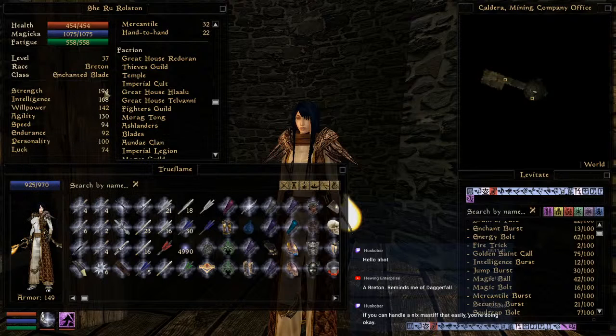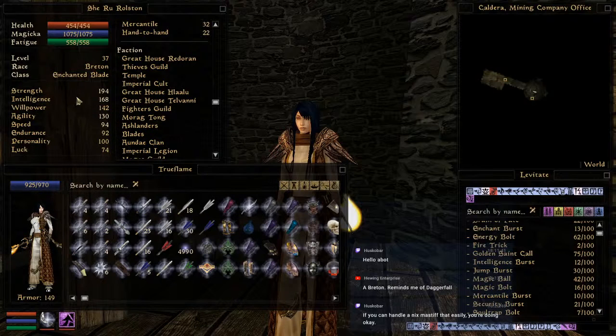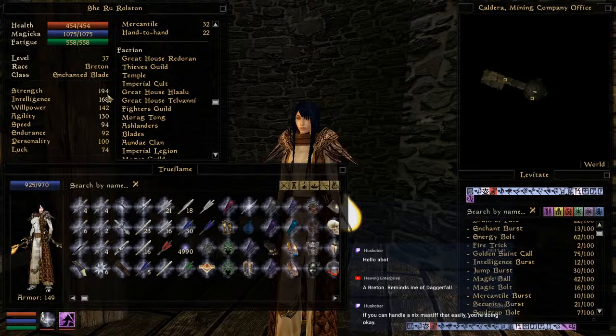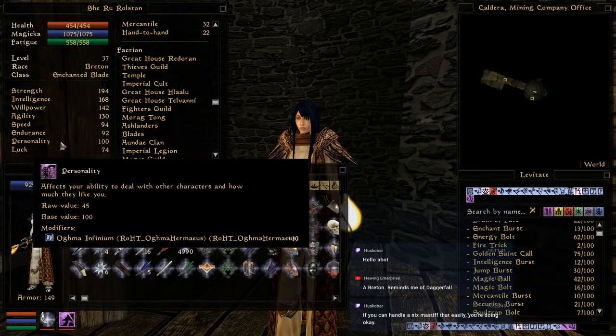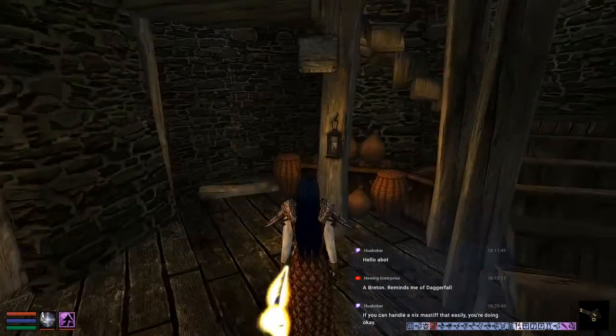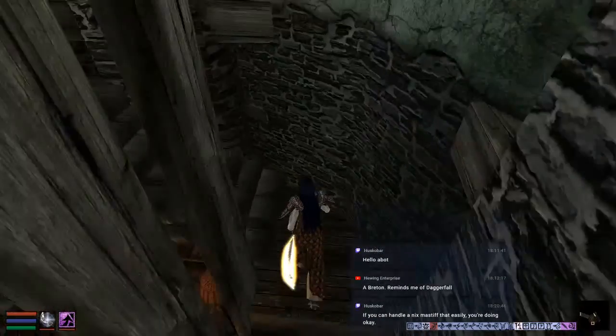But maybe I slowed it too much, because she was always leveling with nearly full points, so she has very high stats even if she's not yet level 40, so she's very strong. Also she has a lot of magic gear, so yeah. And Nix Mastiff is usually not a problem.